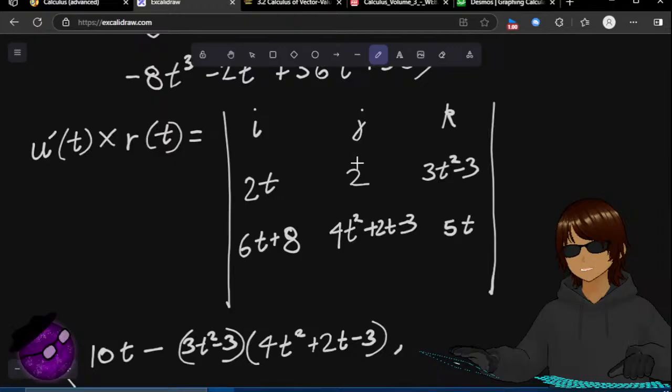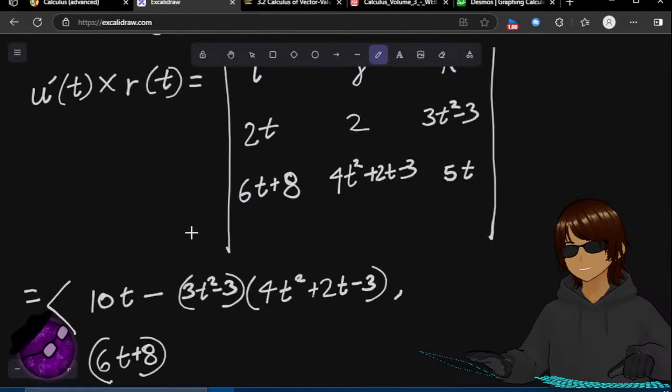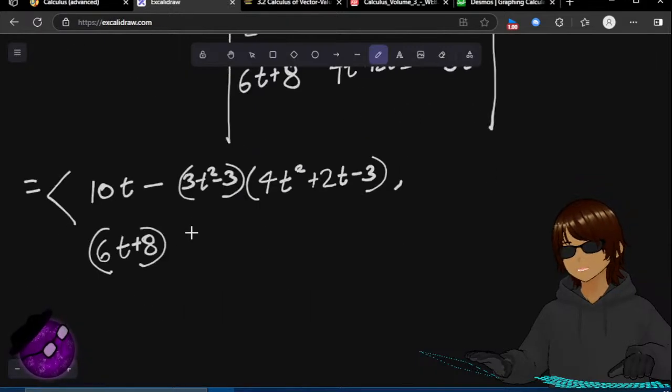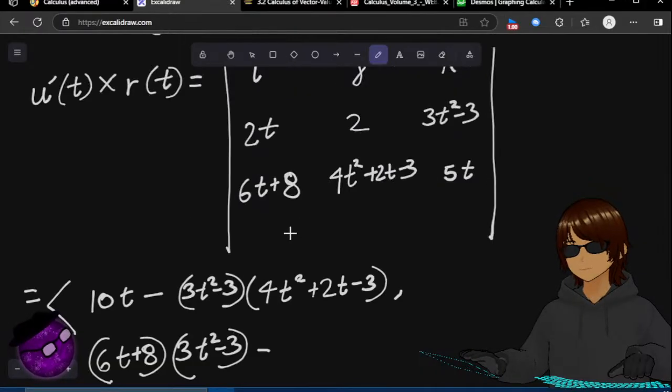And then we have j, but instead we start with the bottom. 6t plus 8, 6t plus 8 times 3t square minus 3. And then 2t times 5t.